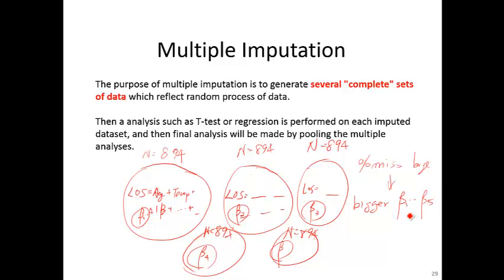These are all for albumin. Therefore, the amount of missingness is considered in the calculation process. So using multiple imputation, we do not need to worry about inflation of sample size, and so the p-value is not too small.